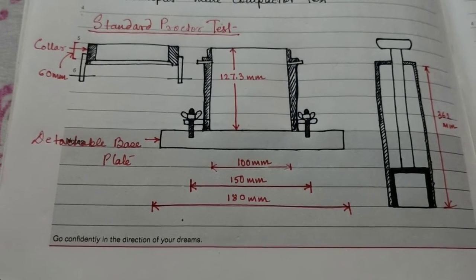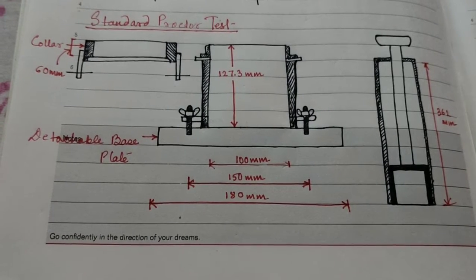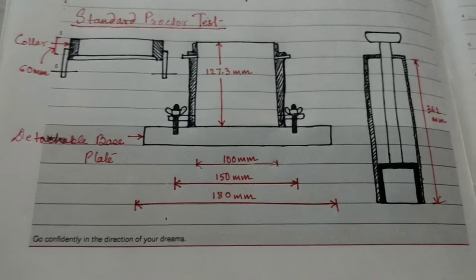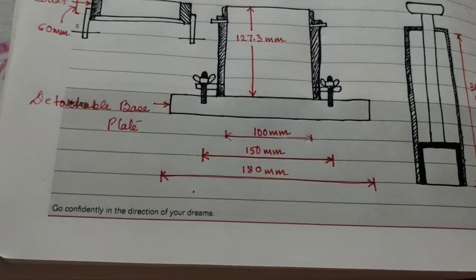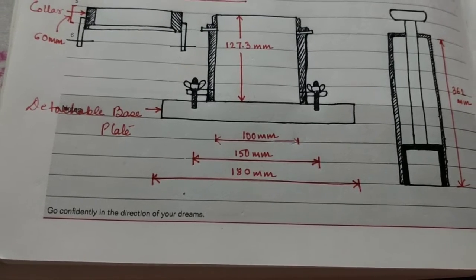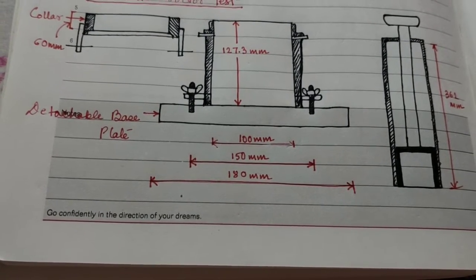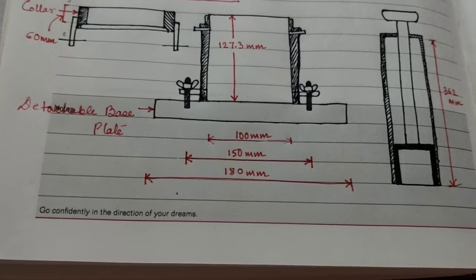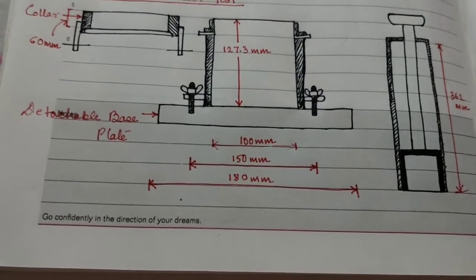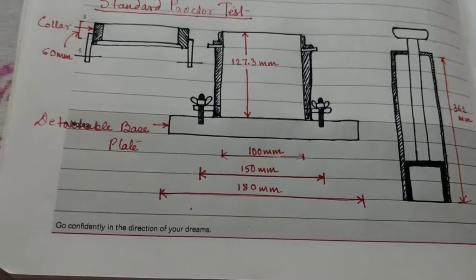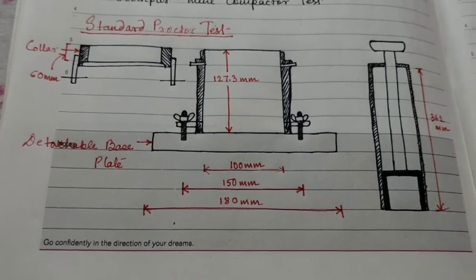After 24 hours, the soil is weighed again. The weight of water is obtained by subtracting the weight after oven drying from the weight before, and the weight of the water divided by the weight of the dry soil, multiplied by 100, gives the water content. So from that procedure, water content can be determined.